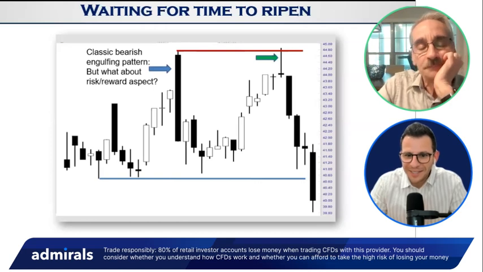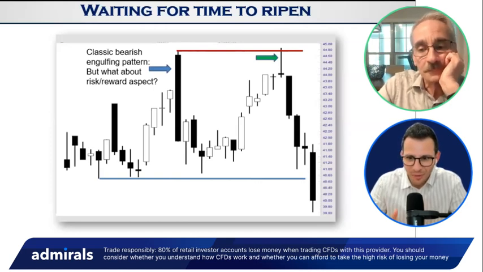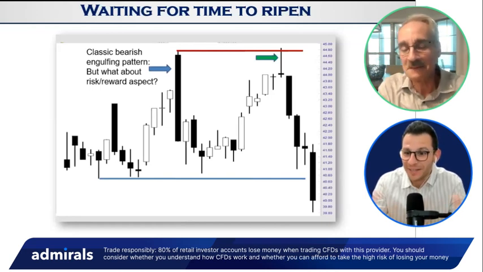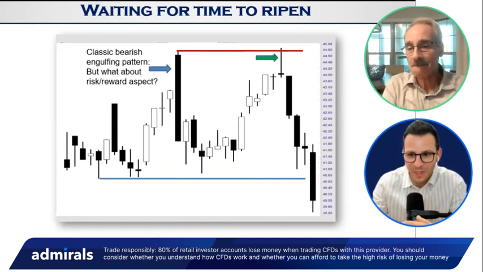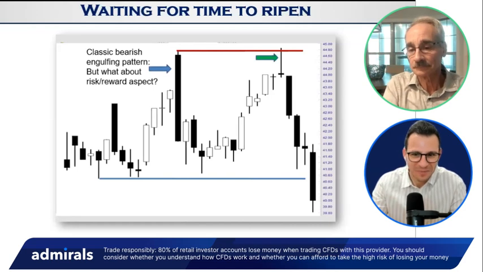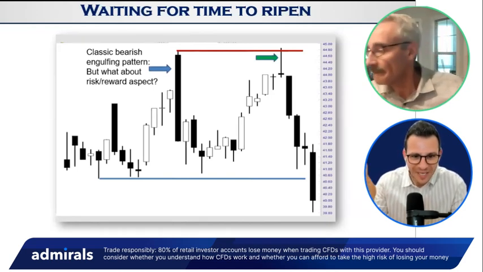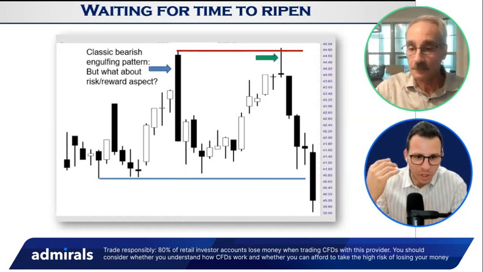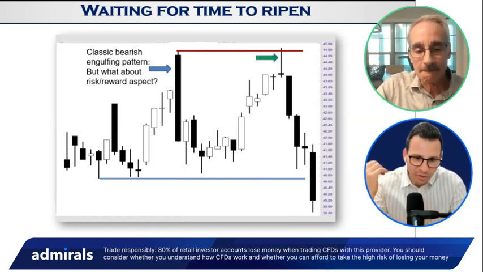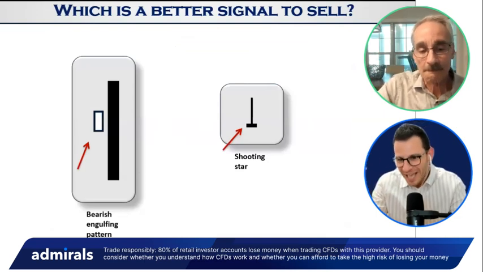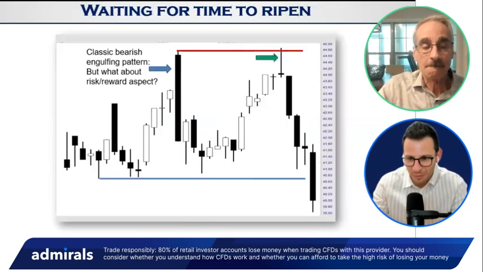So, Steve, if you allow me just for a minute, because some traders will listen to this on the podcast, just to make sure they understand what we do here: Steve just showed us a slide with a bearish engulfing, a strong reversal pattern right on resistance, and a shooting star, again a strong reversal pattern from resistance.